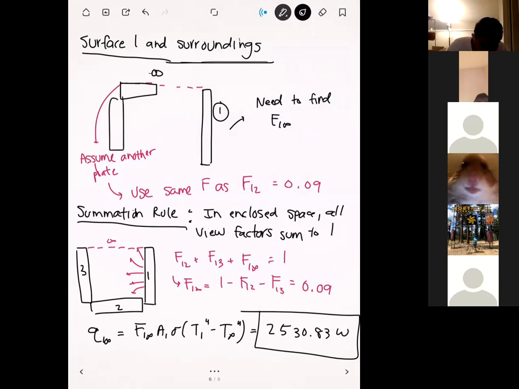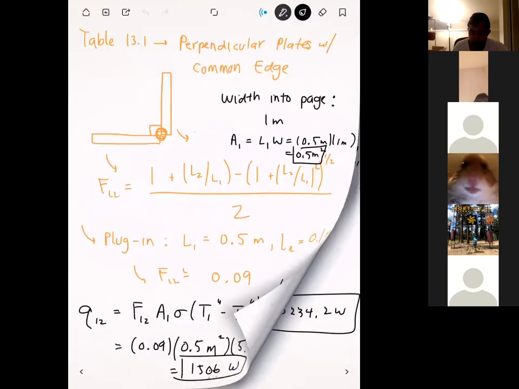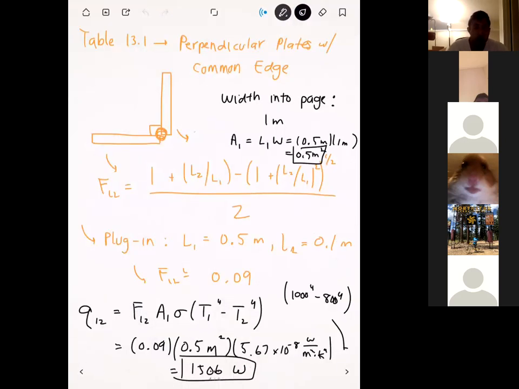You can still use this formula. It's just that the length of this opening would be half. So if you go back to our formula for surface 1, 2, you can see that two of the things that you put in the formula are the lengths of these two surfaces. And so if you had that half opening, you would just plug in half of L2 for L2. Yeah. You can use the same formula. All right. Thank you. Yep.